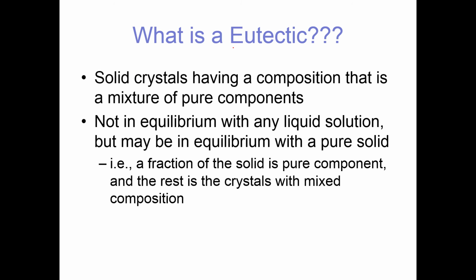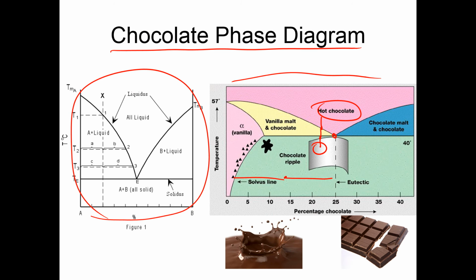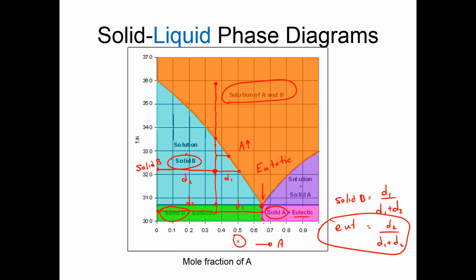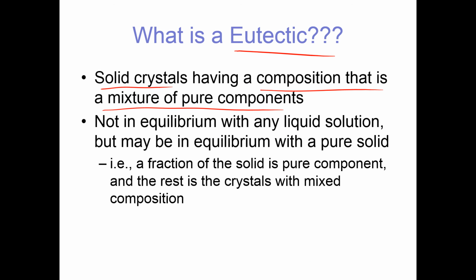So what is a eutectic? Solid crystals having a composition that is a mixture of pure components. In our prior example here, this was a mixture of 65% A and 35% B. So what I call my eutectic is really a mixture between A and B. In this case, I had some solid B, that would be pure B, in one phase, and then eutectic would be this combination of A and B. And it's not in equilibrium with any liquid solution, but maybe in equilibrium with a pure solid.